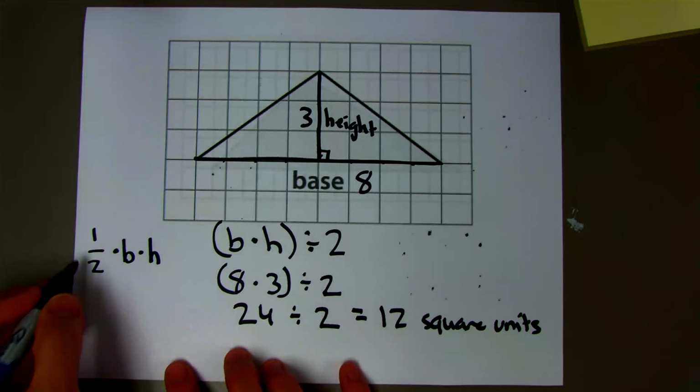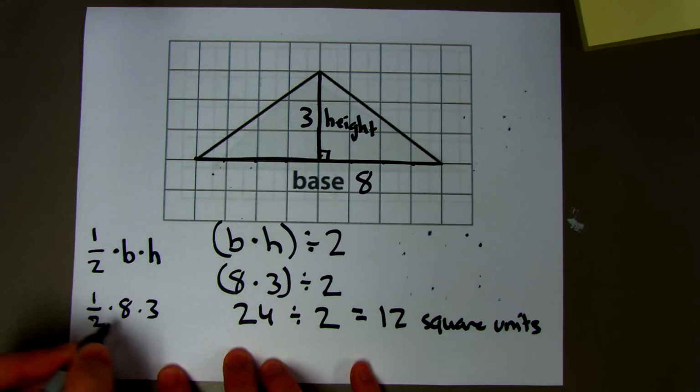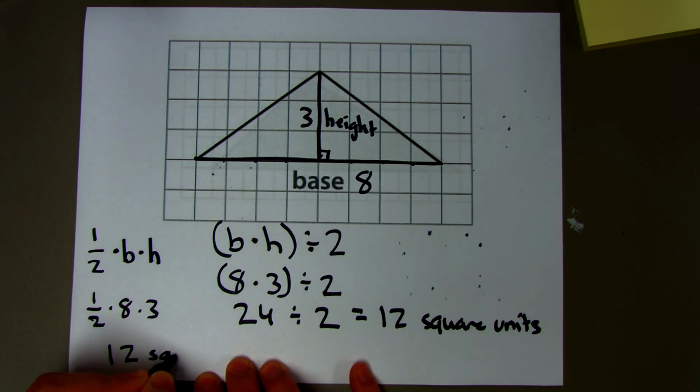Another way to look at this is 1/2 times base times height, so that would be 1/2 times 8 times 3. 8 times 3 is 24, and half of 24 is 12. 12 square units.